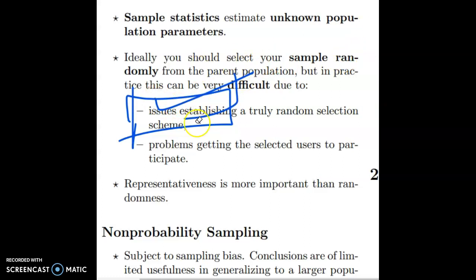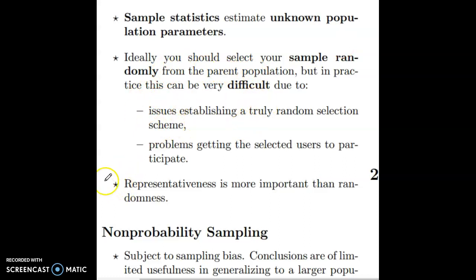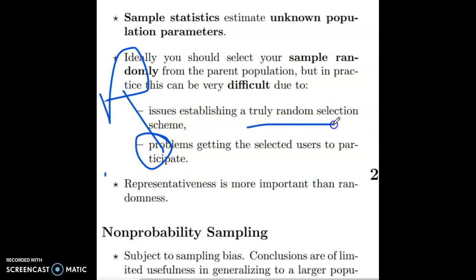Ideally, you should select your sample randomly from the parent population. But in practice this is very difficult, due to issues establishing a truly random selection scheme and problems getting the selected users to participate. Representativeness is more important than randomness.